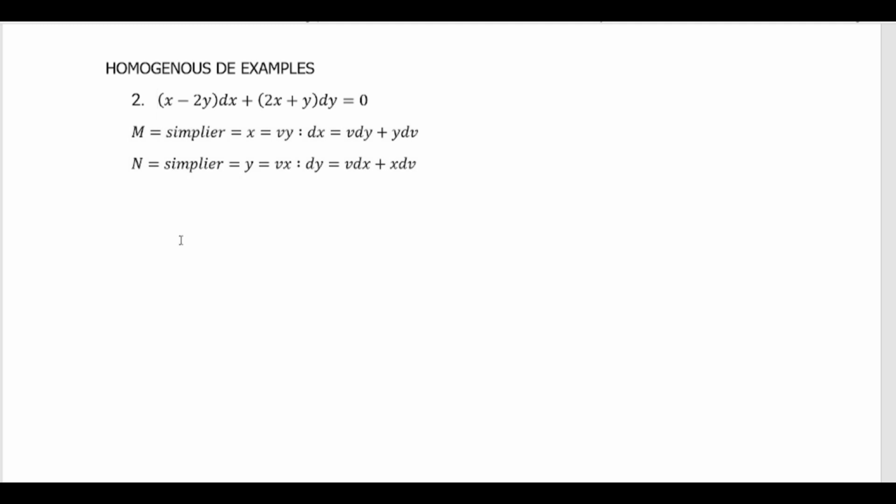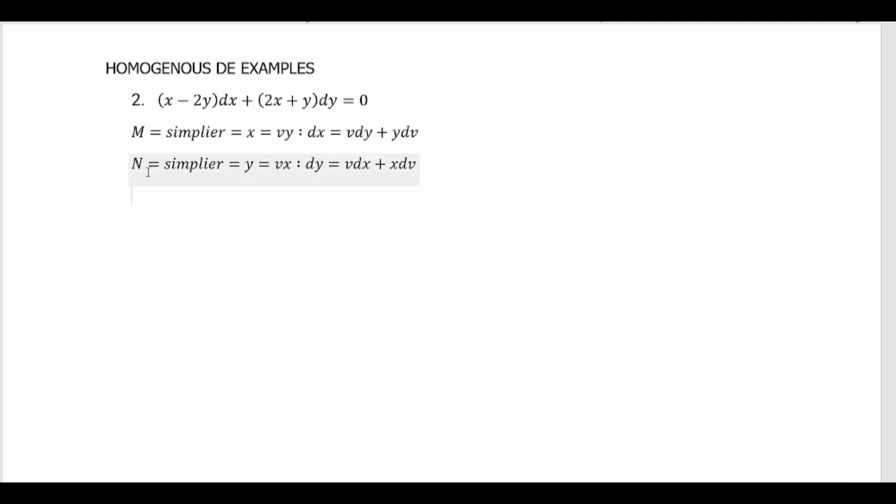Alright, so we have here the example: (x minus 2y) dx plus (2x plus y) dy equals 0, of course. Once again, the only two terms you need to remember are M and N. Over here, we observe that both terms are quite the same, both are simple.